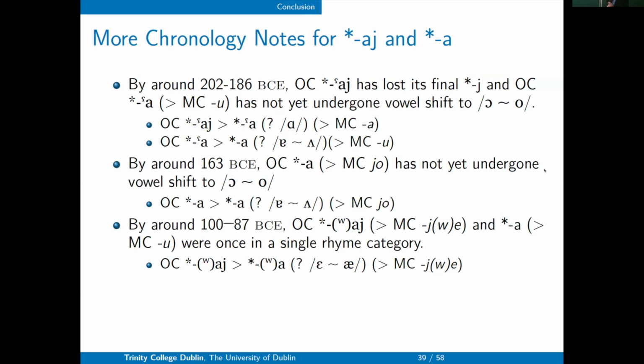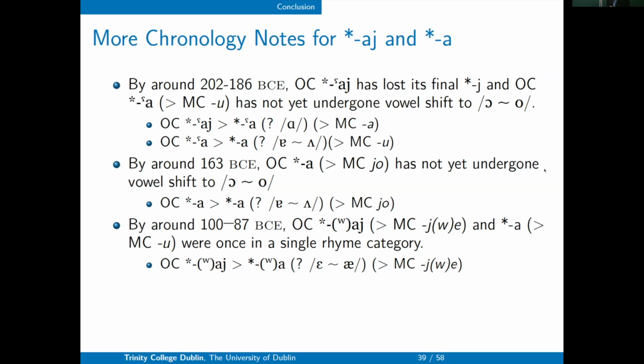And there are more notes for Old Chinese I and A. By around 202 to 186 BCE, Old Chinese I and A in type A syllables hadn't yet undergone the change; they were in a single rhyme category, and the Old Chinese R hadn't gone through its vowel shift to R or O. And by around 163 BCE, Old Chinese R in type B syllables hadn't yet undergone the vowel shift.